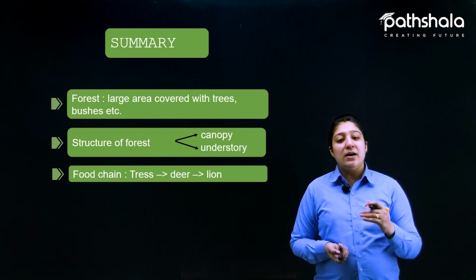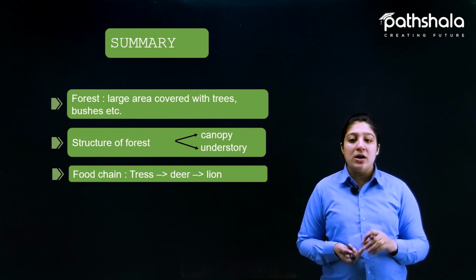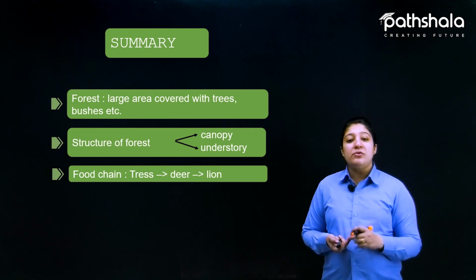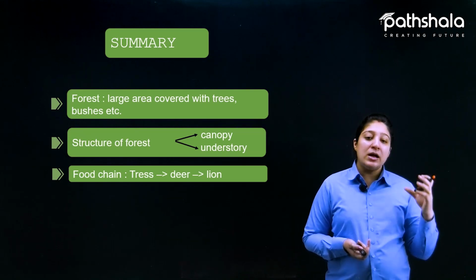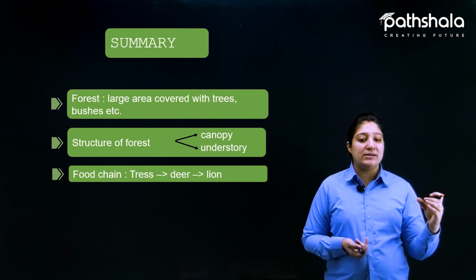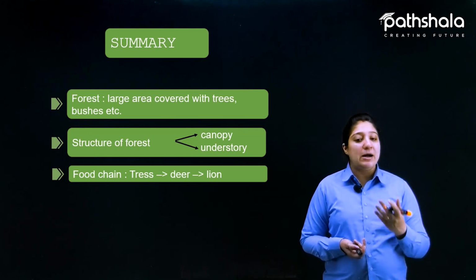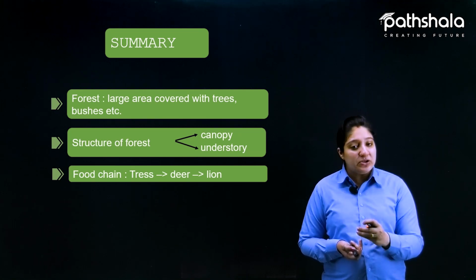Then after that we moved to our next topic, that is the food chain. Now what is a food chain? In the food chain, we discussed that a sequence is followed where one organism feeds on another organism. We have seen an example also, like there are some trees which are our producers.